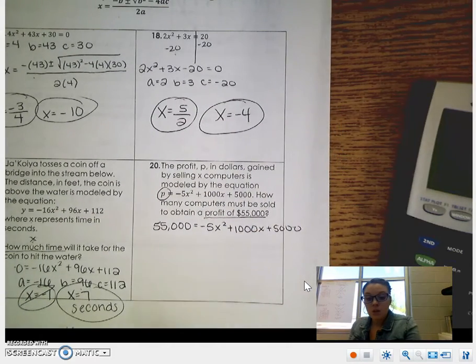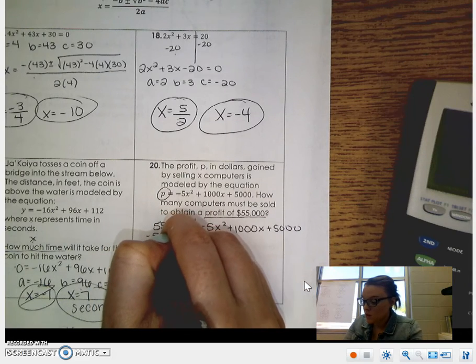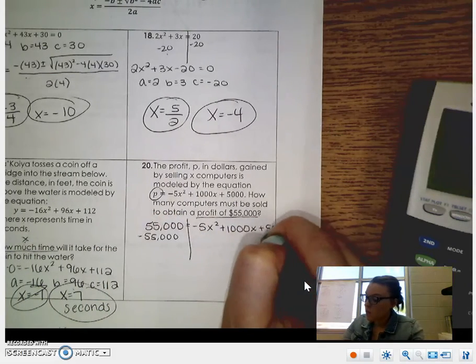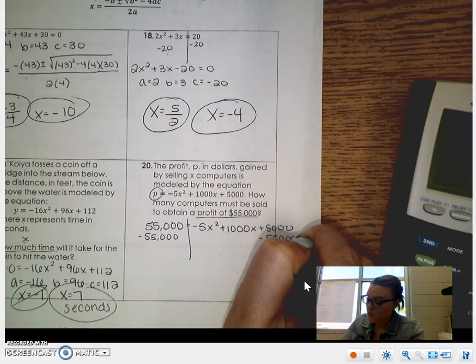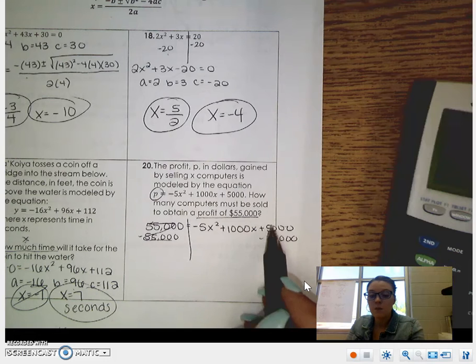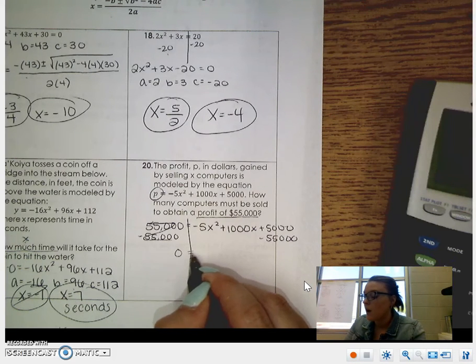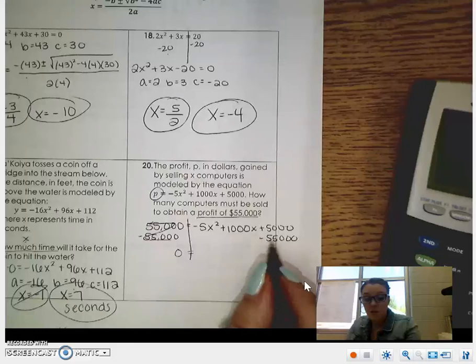In order to use the quadratic formula or to solve this at all, I have to get the equation equal to 0. So I'm going to subtract 55,000 from both sides. The reason why I'm subtracting 55,000 from 5,000 is they are like terms. Both of these terms are considered constants. That's an important vocabulary word. For all of algebra, a constant is a term without a variable.